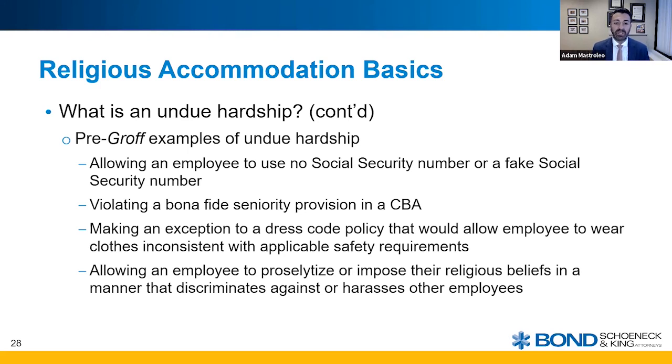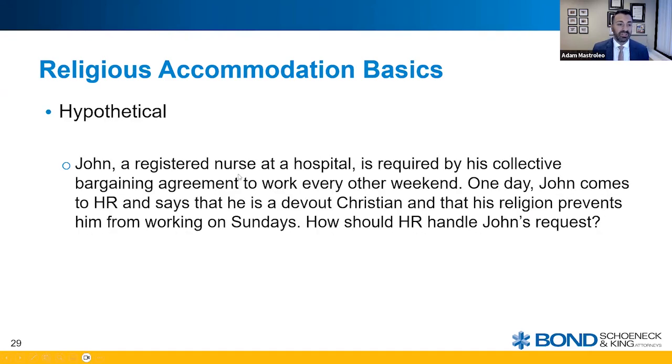Or allowing an employee to proselytize in a way that was harassing. So we know that before Groff was decided, these things all constituted an undue hardship. Whether they do now remains to be seen. But those are some examples of what was an undue hardship.